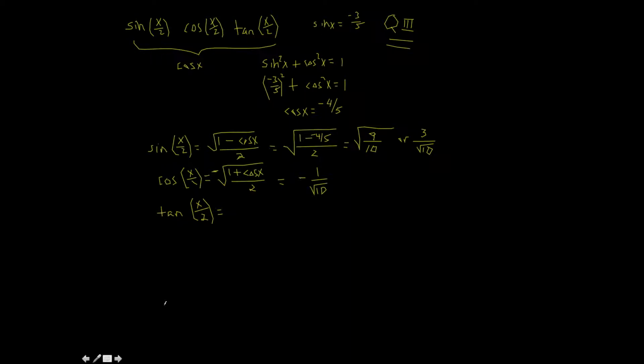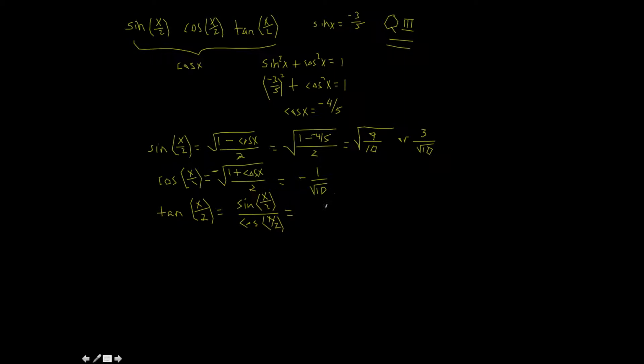But I'm going to show you a little trick that they don't show you on that formula page in the book. Sine of x over 2 over cosine of x over 2 is the same thing as tangent of x over 2. Now I know that should definitely make sense.